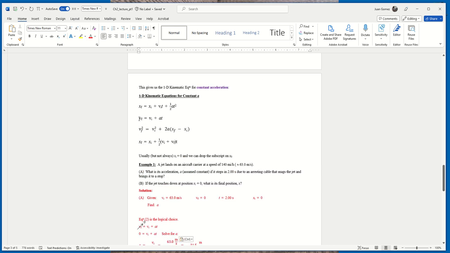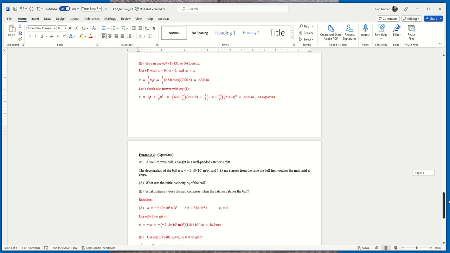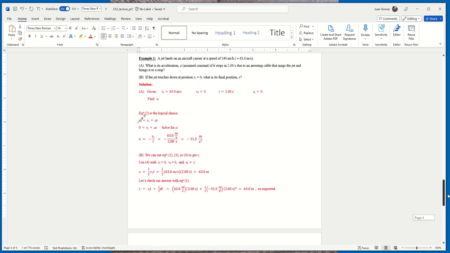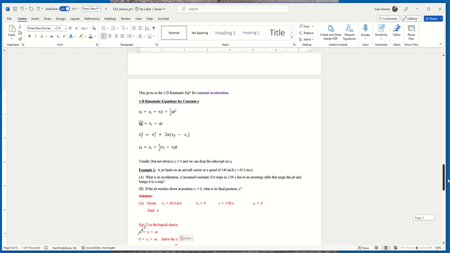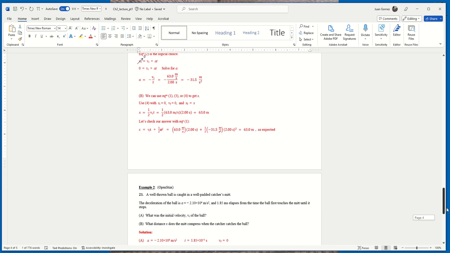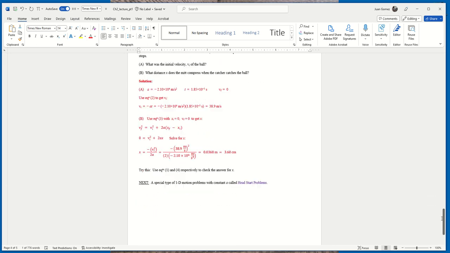Remember, VF is 0 because the ball comes to a stop after it encounters the catcher's mitt. So with equation 2, you end up with VI equal to minus AT. It's very trivial to show that because VF is 0, so you get 0 equals VI plus AT. You want VI, so bring the AT term to the other side. It becomes negative. So VI is minus A times T, right?